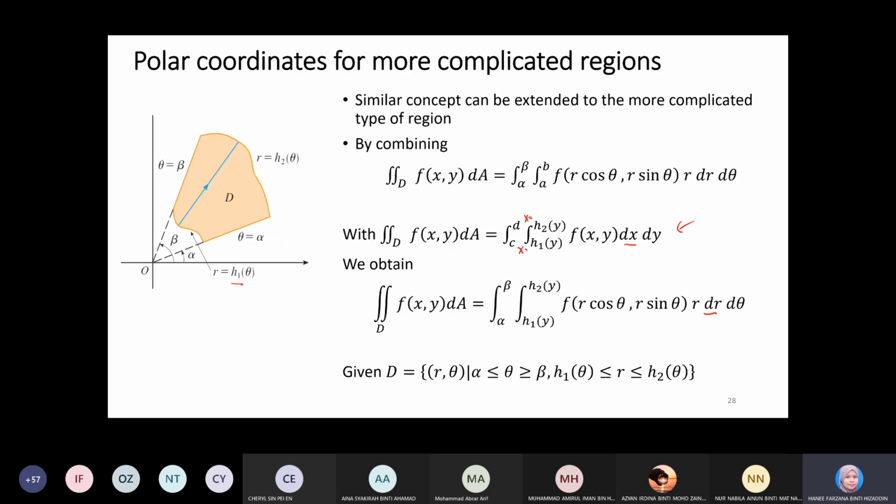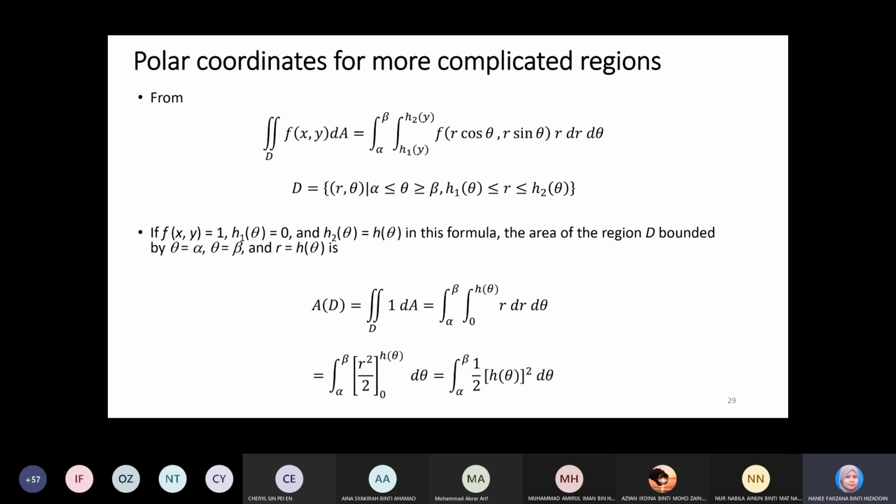Let's say we want to integrate with respect to r, but now the lower limit is supposed to be in theta. So the lower limit is r equals h1 and the upper limit is r equals h2. So we get the same thing basically. dA is still r dr d theta, x is r cos theta, y is r sin theta, so just change the limit in terms of a function of theta.